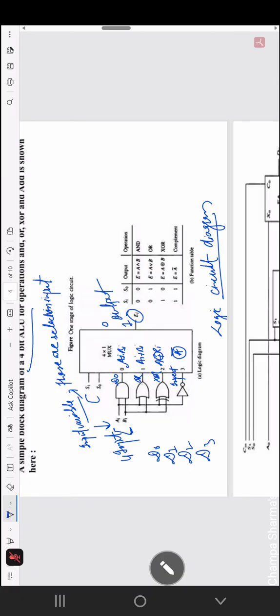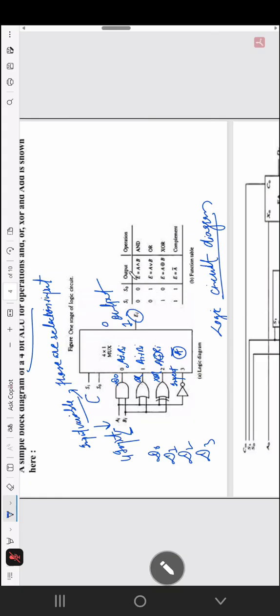So there is the select lines function table here. Select lines are 0 0, 0 1, 1 0 and 1 1.